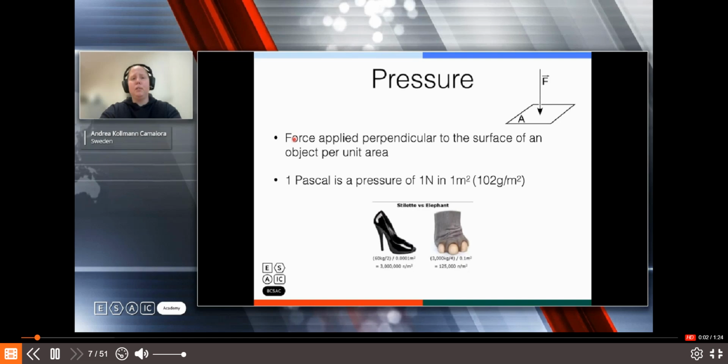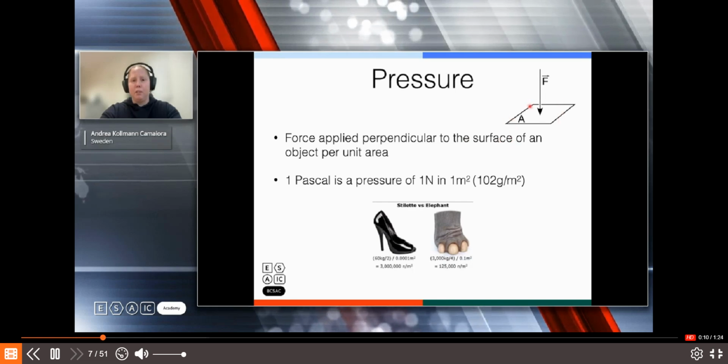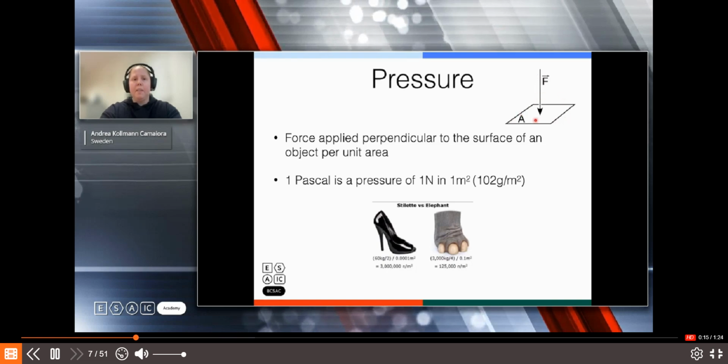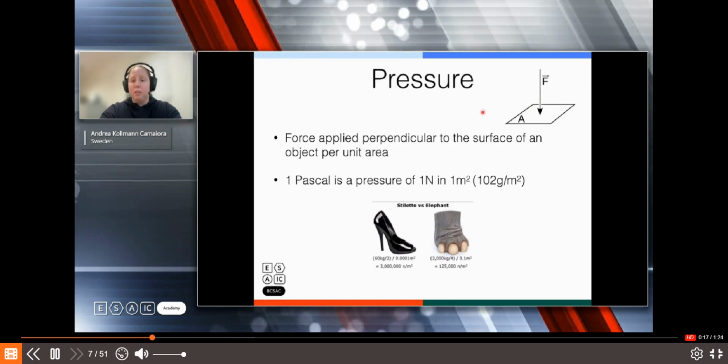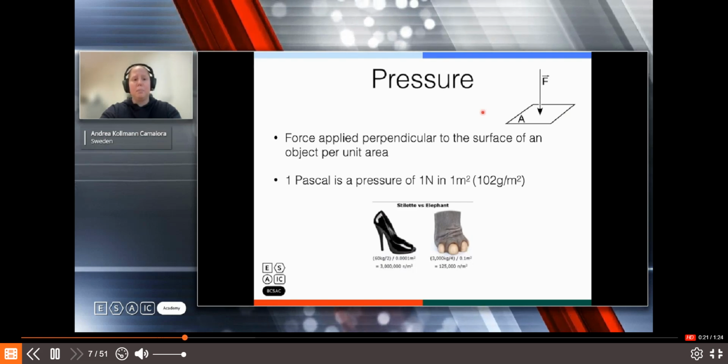And force applied perpendicular to the surface area of an object per unit of area, so this one, I have my force perpendicular to my area, that is pressure. And pressure can be measured in many units, but the most typical one is the Pascal.